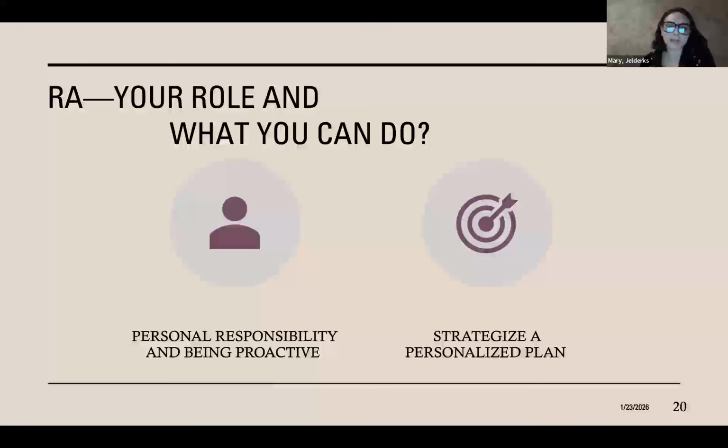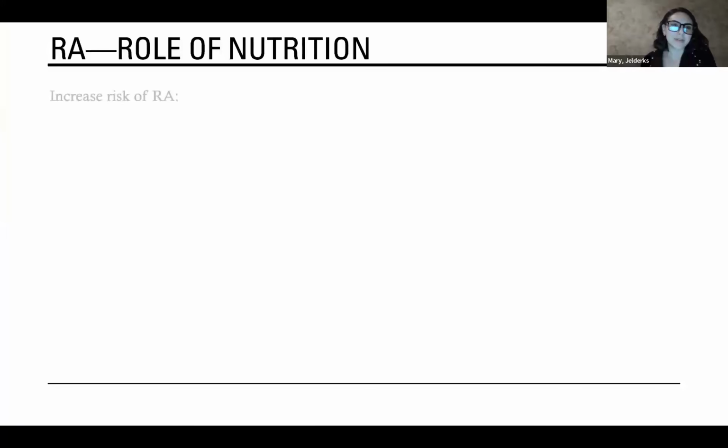So the next segment we're going to discuss is what can you do in rheumatoid arthritis in relation to it. So here we go. The role of nutrition, what do we know?